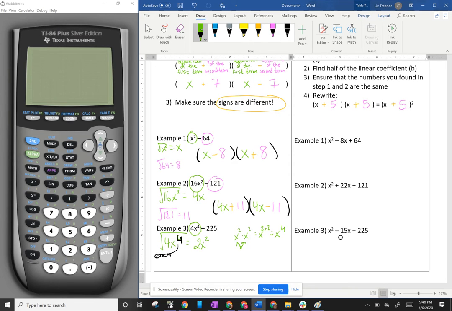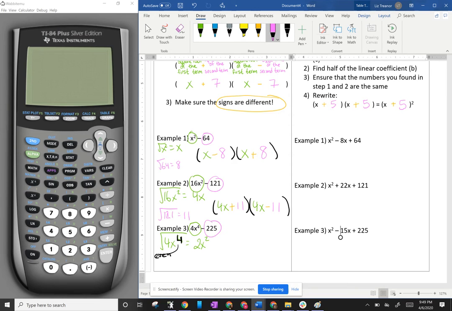So let's say it was like, I don't know, x to the 60th power. Well, that would be x to the 30 times x to the 30, because that's equal to x to the 30 plus 30. So essentially, the rule here is if the exponent is even, it's a perfect square, and the square root is half the exponent.